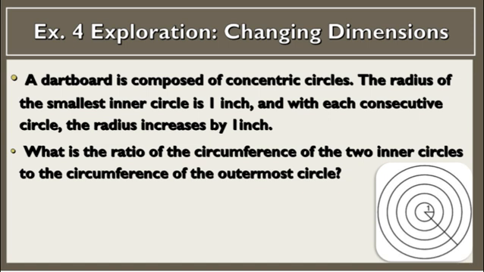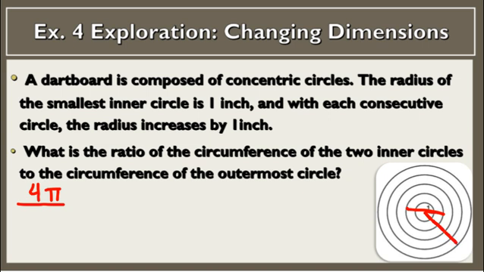So the circumference of the 2 inner circles, we have pi times the diameter. If this is 1, this is also 1, so the diameter would be 4. So it would be 4 pi over the diameter of the outermost circle. So the outermost one, we have 1, 2, 3, 4, 5.